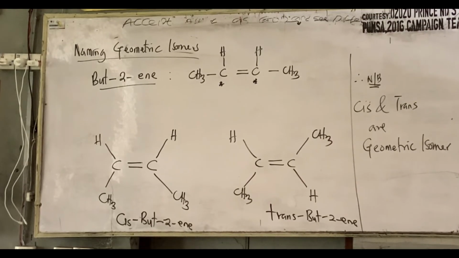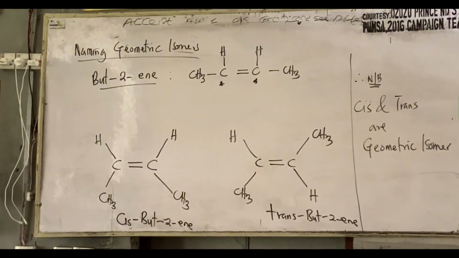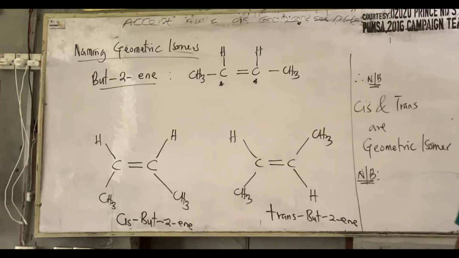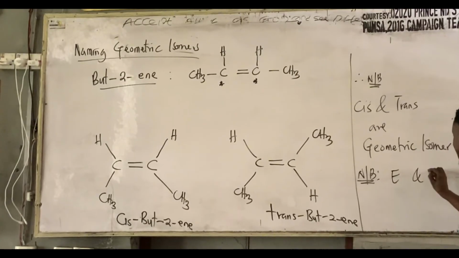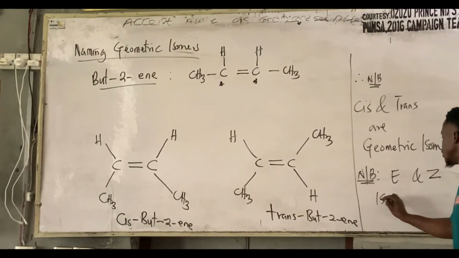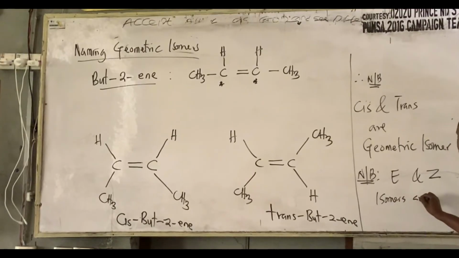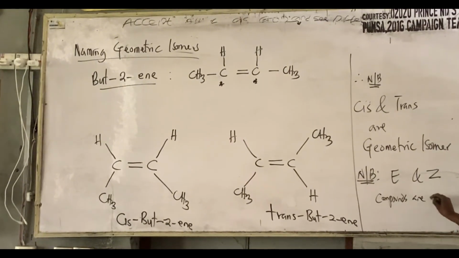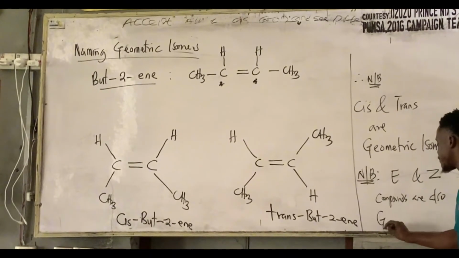What's the answer? Also, there's also what we call E and Z isomers, just in case. E and Z compounds are also geometric isomers.